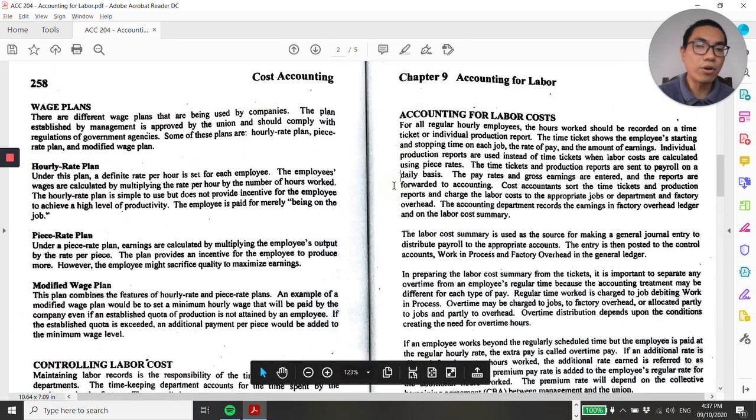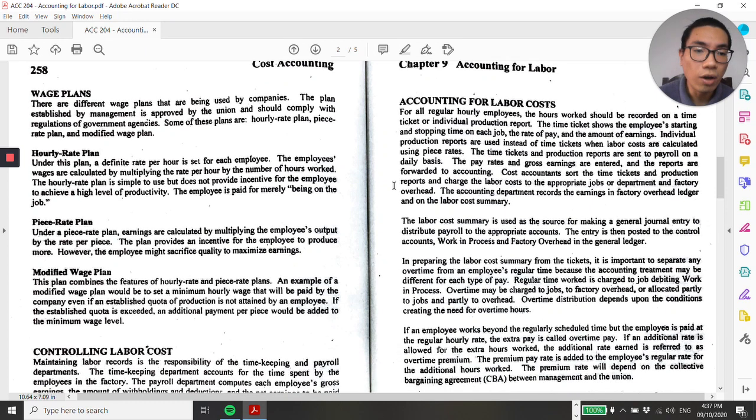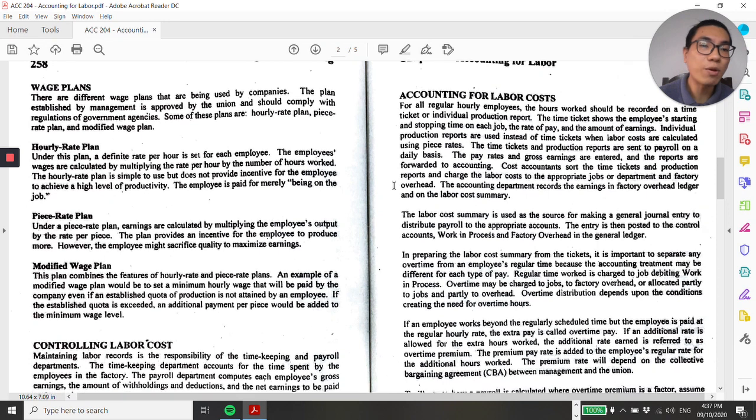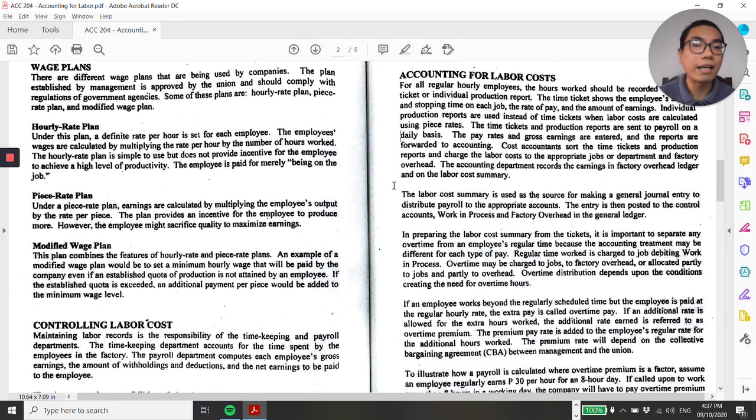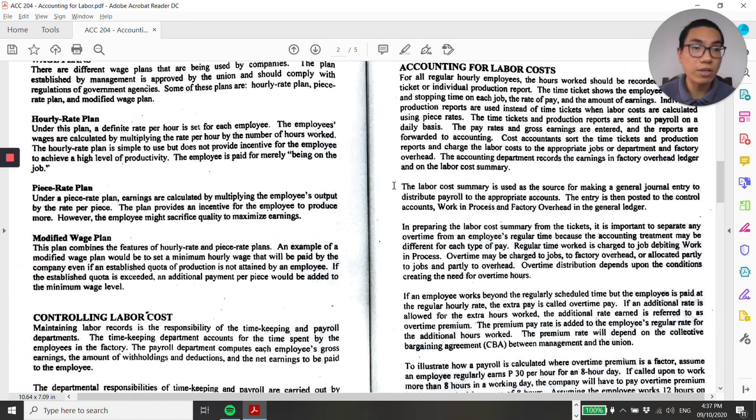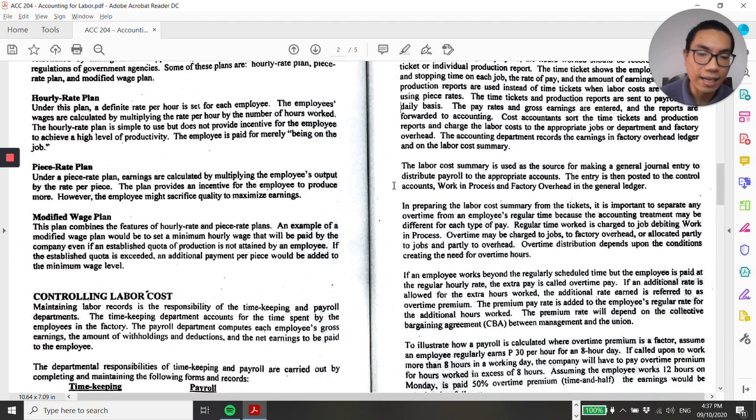For the overview on accounting for labor costs, we just need to identify direct labor and indirect labor. All direct labor is charged to the specific job, whereas indirect labor is charged to an overhead account.